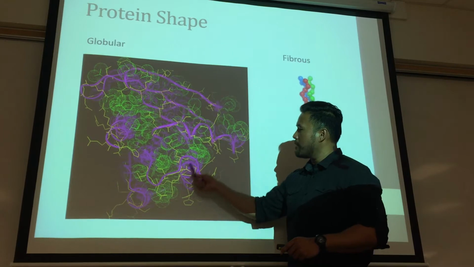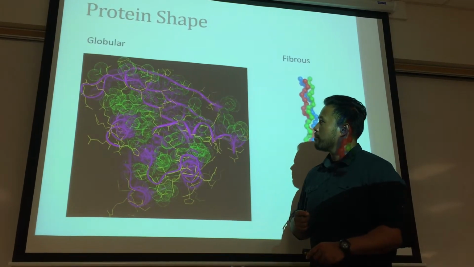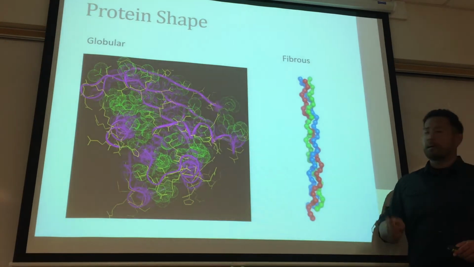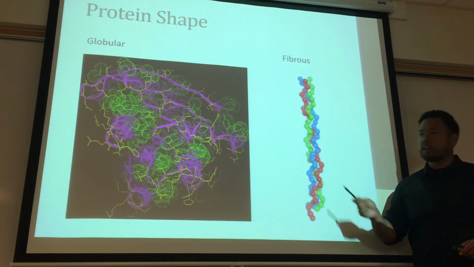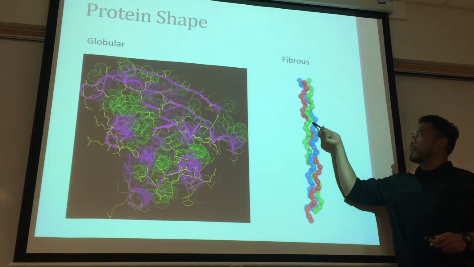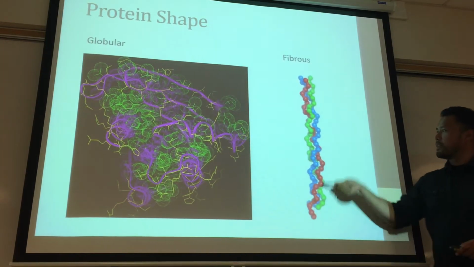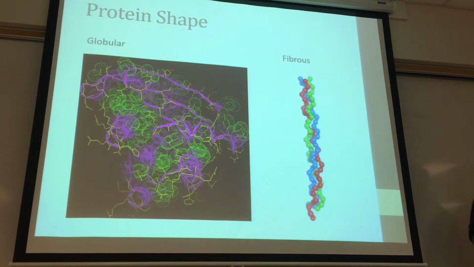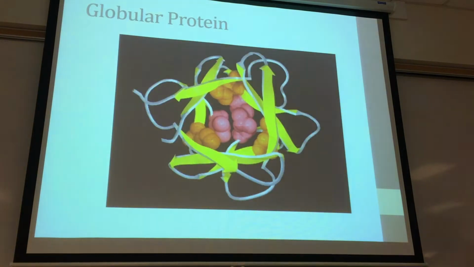You'll see things like an alpha helix right here, secondary structure. In our fibrous protein, you can see 3 different subunits. How do I know? I see 3 different colors. And again, you'll have hydrogen bonding that will attach these structures together to lend itself to the shape of the protein. So the shape of the protein, again, determines its function.